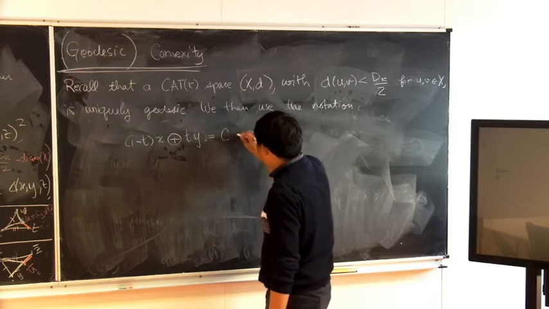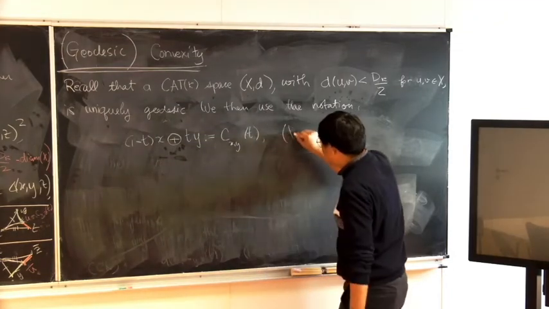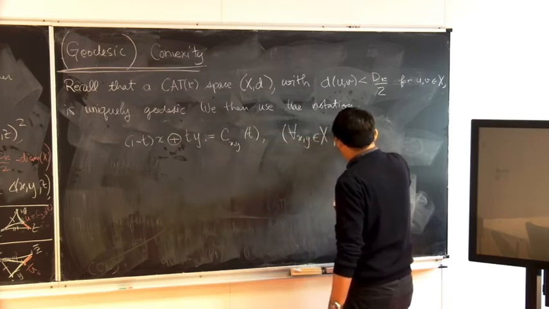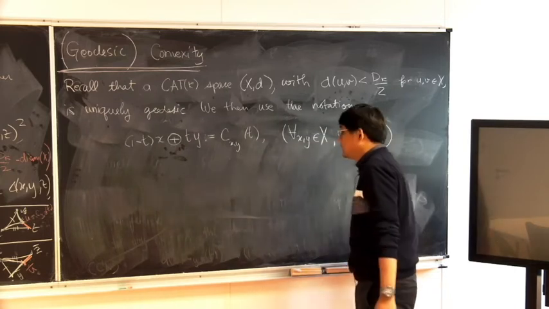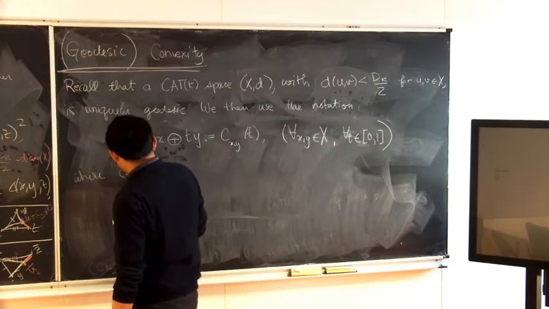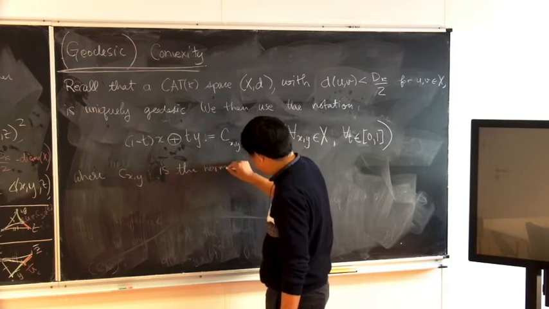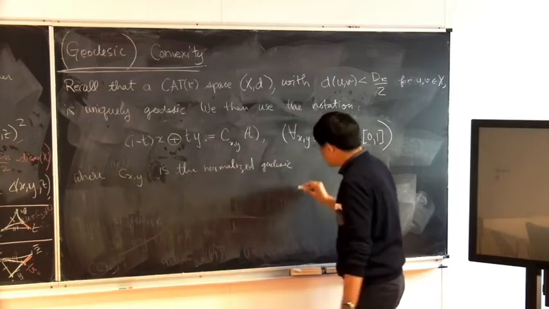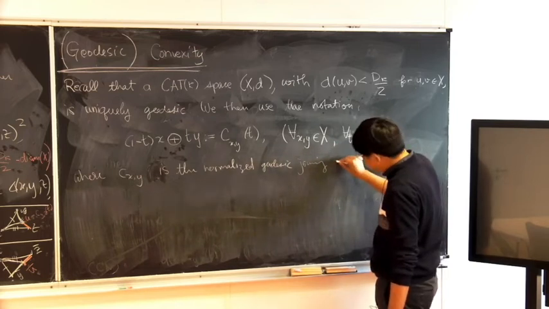It is c_xy at t, and this is defined for every x and y in X, and I will define this for every t in the interval 0 to 1, where, of course, c_xy is the normalized geodesic joining x to y.